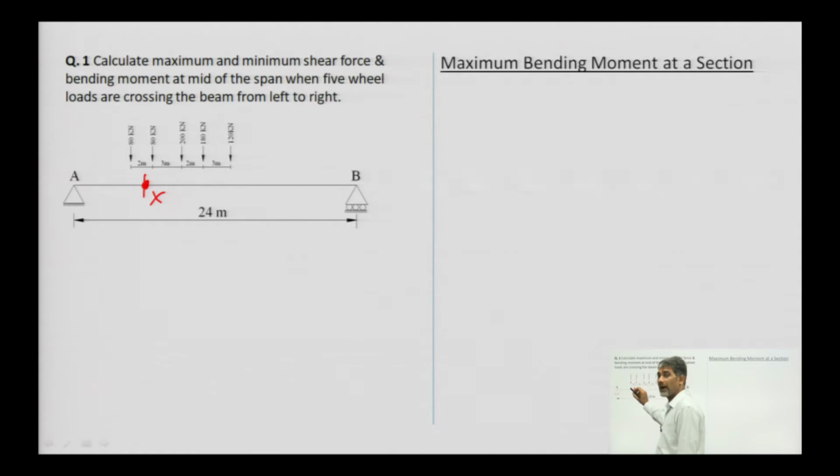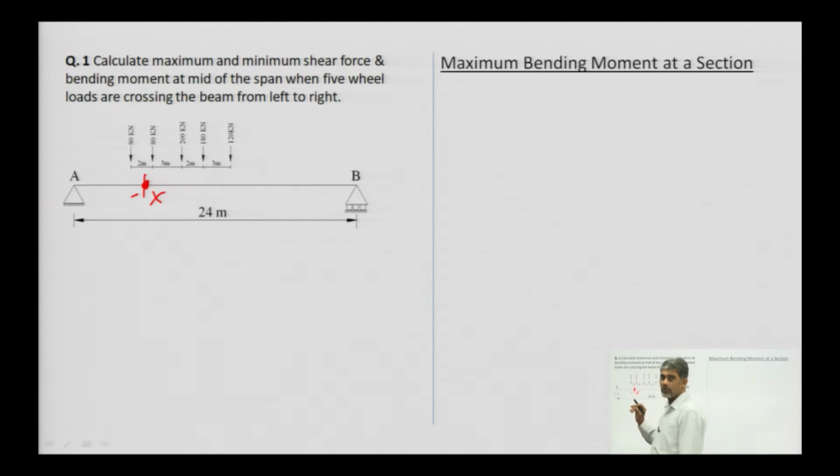I told you in the previous class that this condition is possible only when the average loading in the left part and right part is the same. In case of UDL, that condition is always fulfilled, but in case of point loads this condition never fulfills.